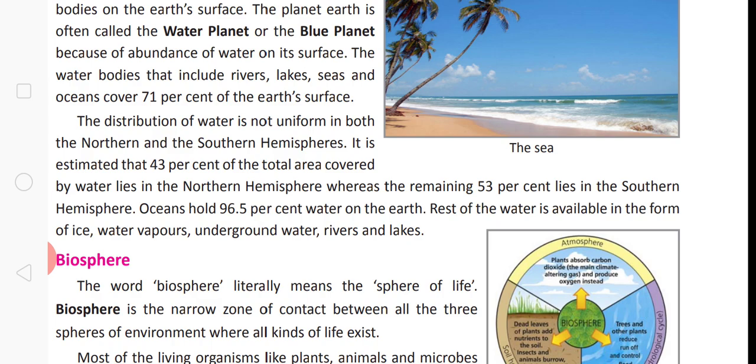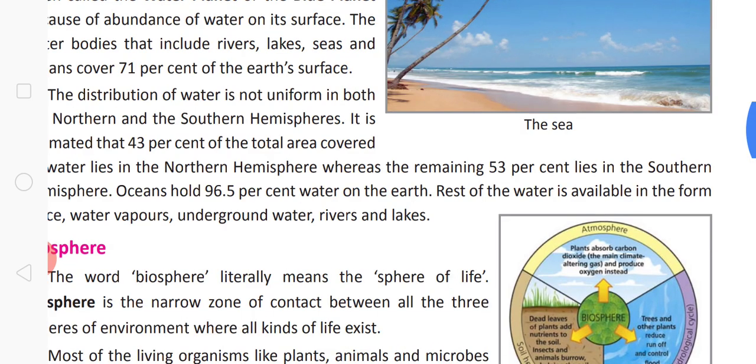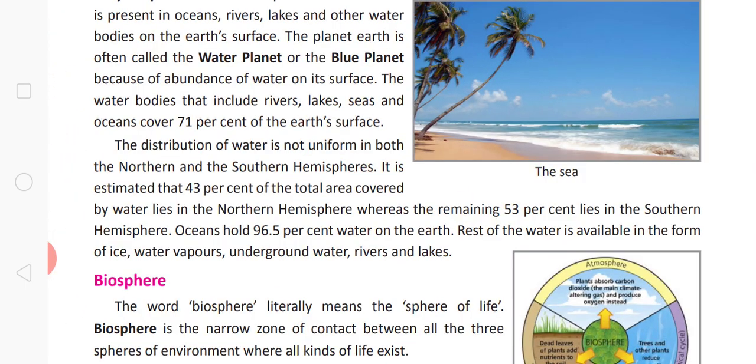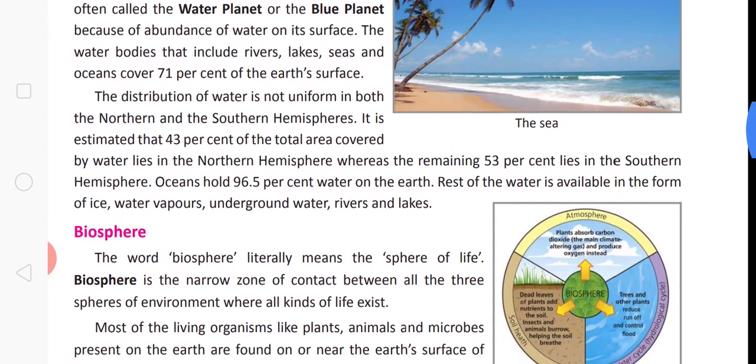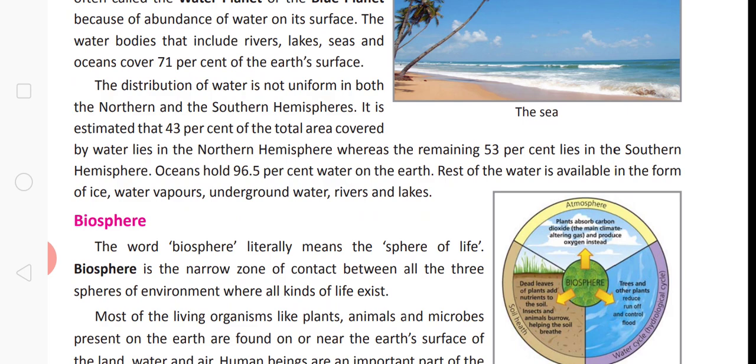Oceans hold 96.5% of the water on the earth. The rest of the water is available in the form of ice. Just as I discussed earlier, some of the water is converted into glaciers or ice, water vapor, underground water, rivers and lakes.